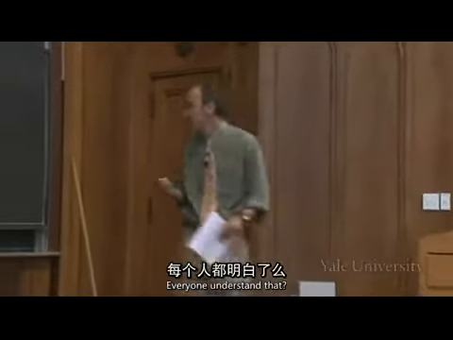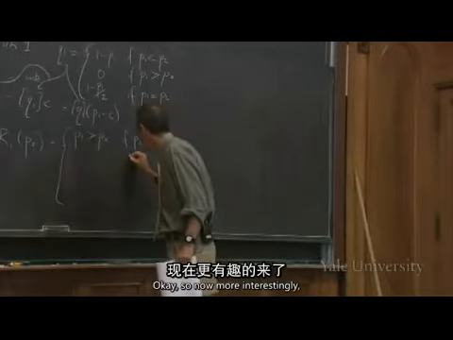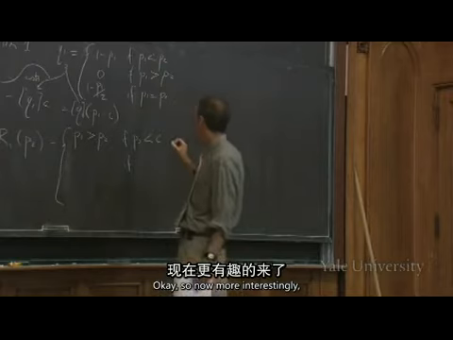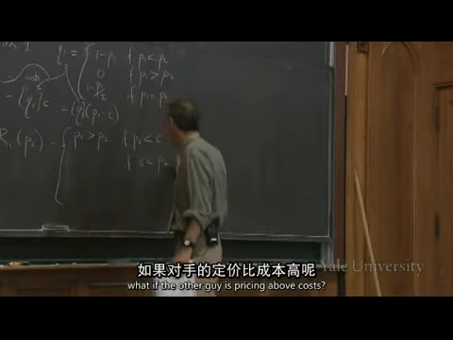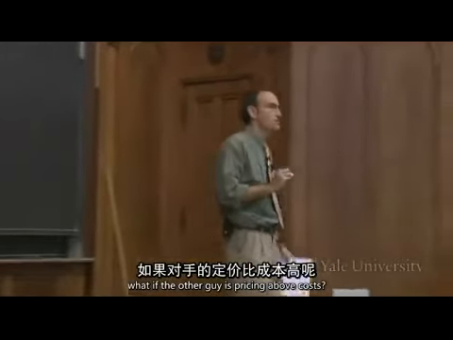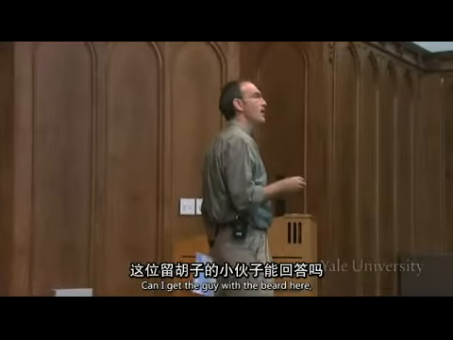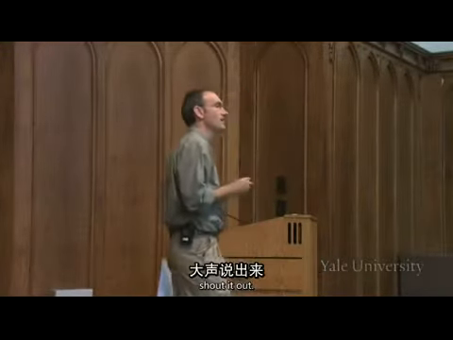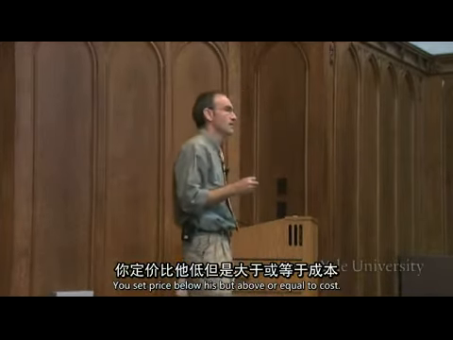OK, so now, more interestingly, what if the other guy is pricing above costs? What do I want to do if the other guy is pricing above costs? Shout it out, because remember that mic isn't amplifying. You set price below his, but above or equal to cost.